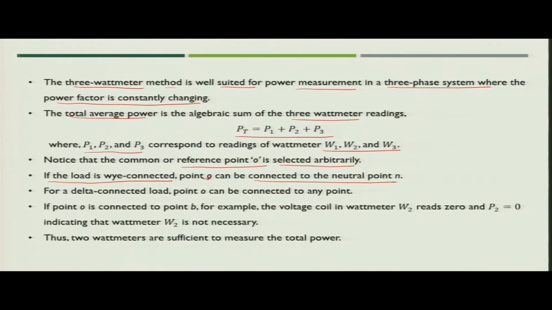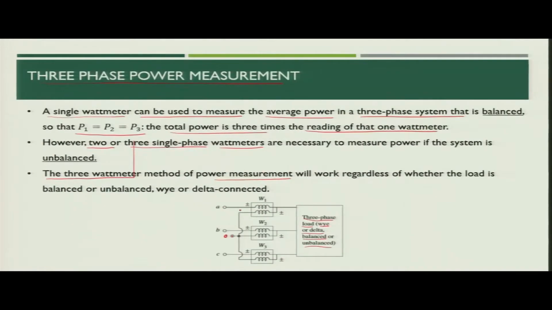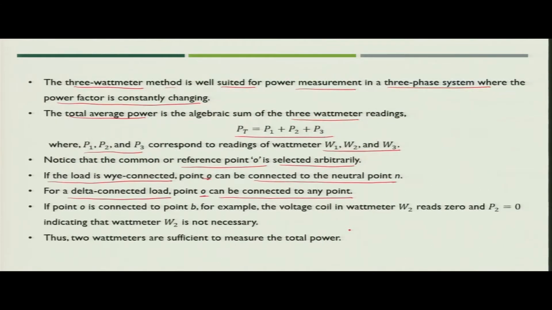Now, if the load is delta connected, the neutral point will be absent. In that case the reference point O can be connected to any phase. So, we can connect to either A, B or C if the load is delta connected. For example, if point O is connected to phase B, the voltage coil in wattmeter W2 will read 0.